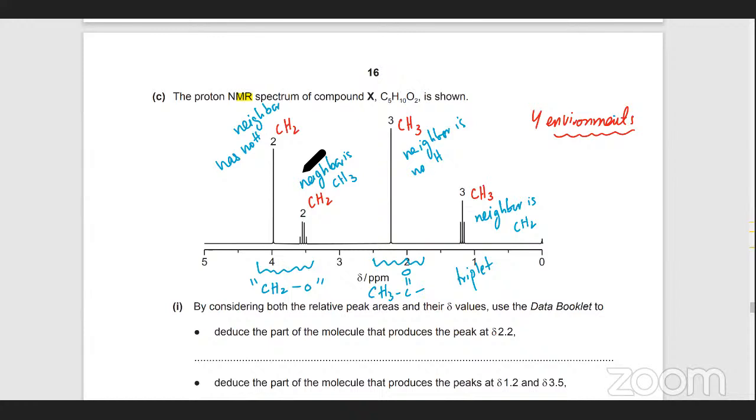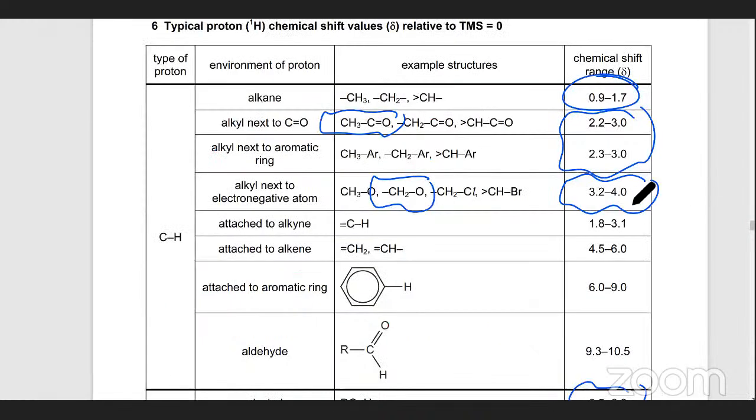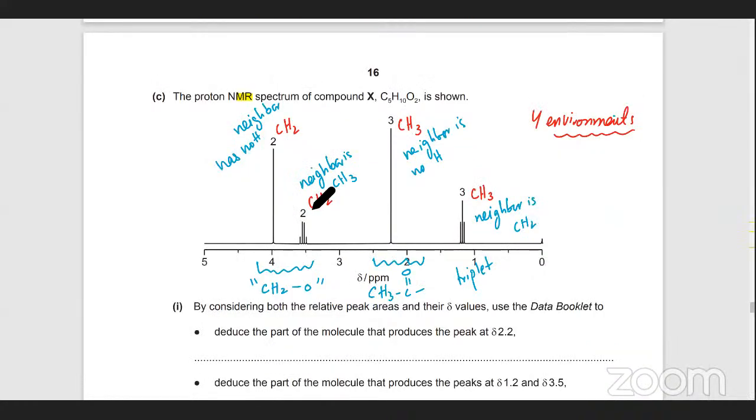ठीक है, and then we figured out both of them are resonating at around 3.5 to 4. So I opened the data booklet and when I did that I found out 3 to 4 के बीच में resonance है, that's basically next to O. तो इसका मतलब ये कि this CH2 and this CH2 are both next to oxygen.